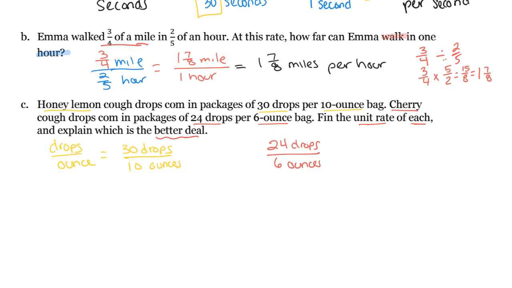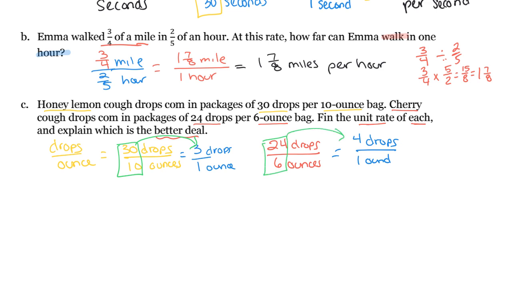So now, which is the better deal? So for honey lemon, we get 3 drops per ounce. And the cherry, we get 4 drops for 1 ounce, right? So all I did was do 30 divided by 10 to get 3, 24 divided by 6 to get 4.